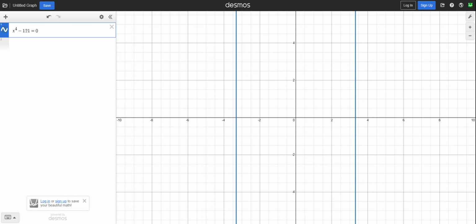It's not giving me anything, so let's take off the equals 0. Now it is giving me some answers, but only 2 of them. So this one is like that last one.